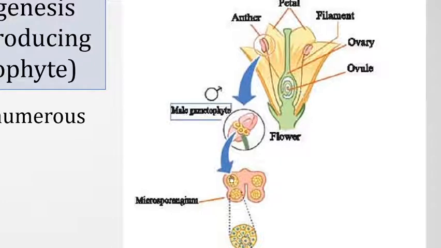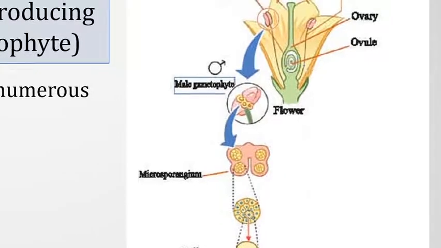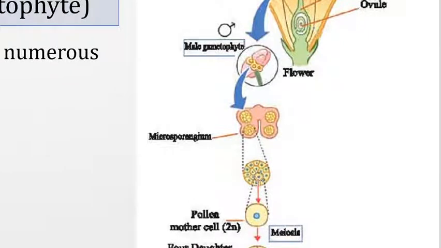Each of them is called a microsporangium. Here from the cross section of the anther we get 4 microsporangia, which are sac-like structures that contain the microspores. Inside the microsporangium we find numerous pollen mother cells.